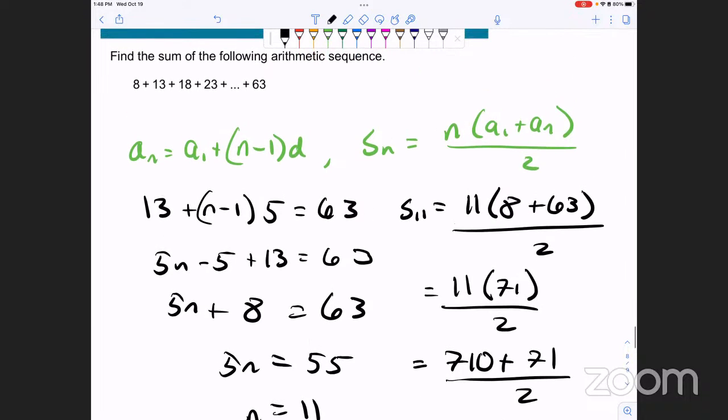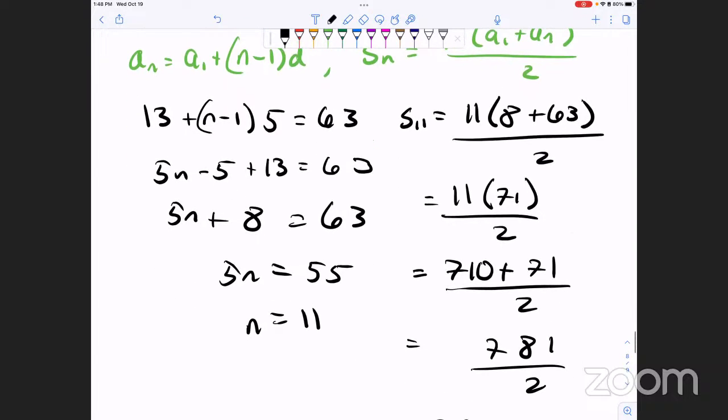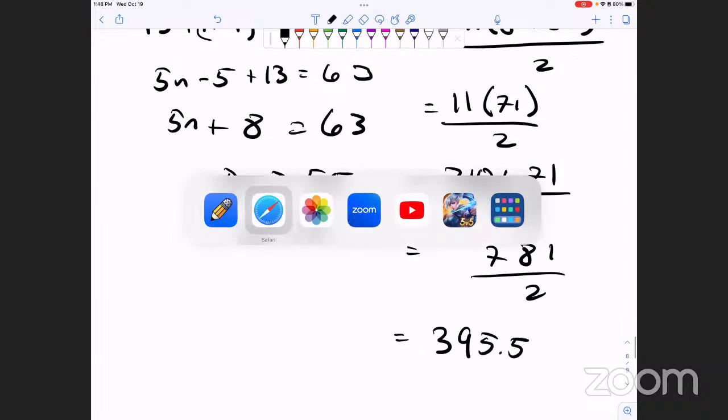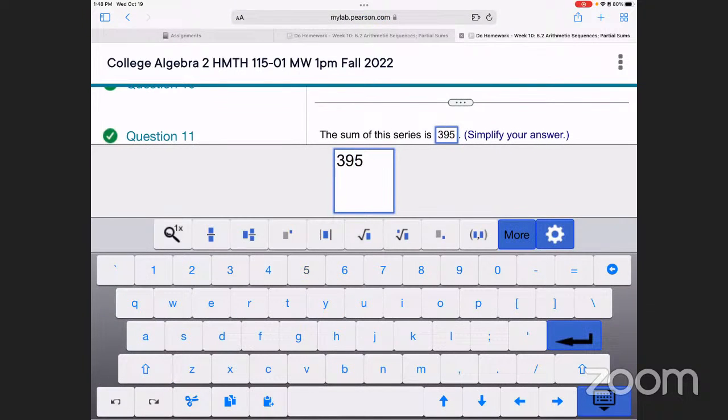Something is off. 781. We got 395 and a half, but I'm not confident in that. 395 and a half.